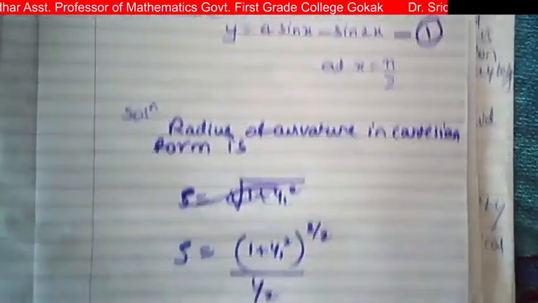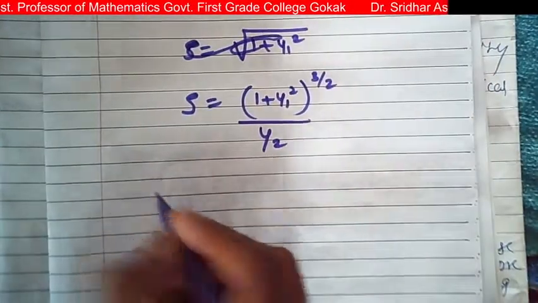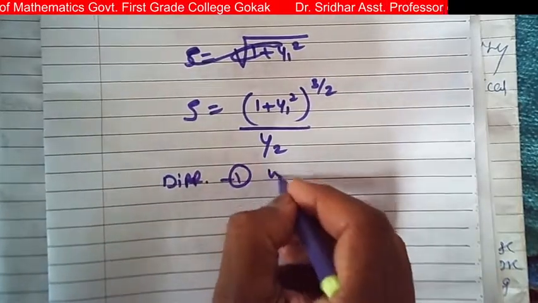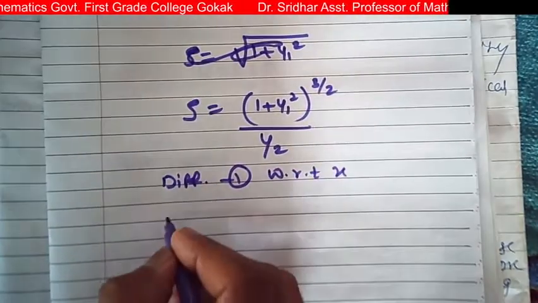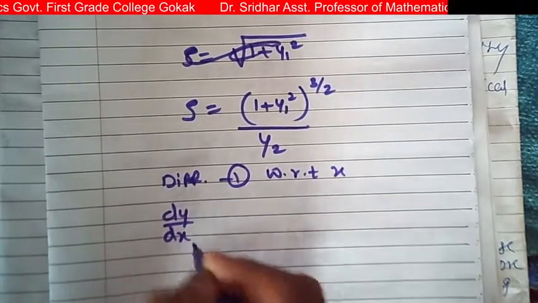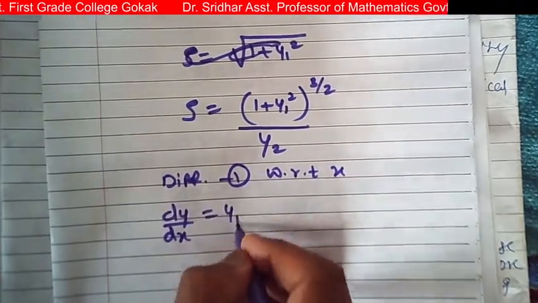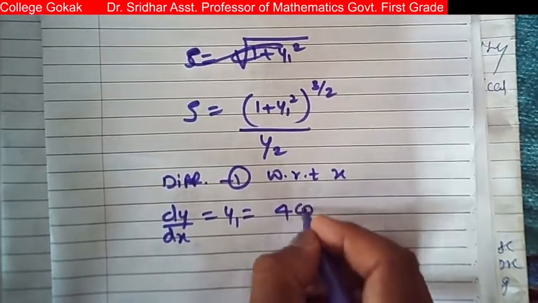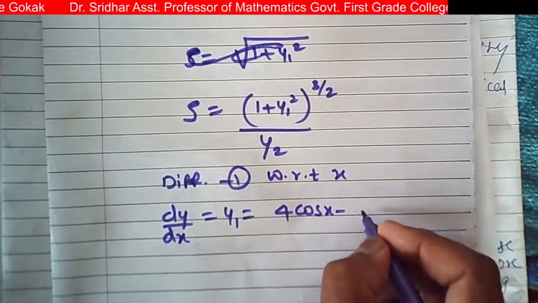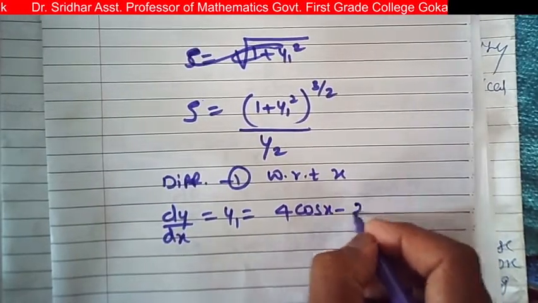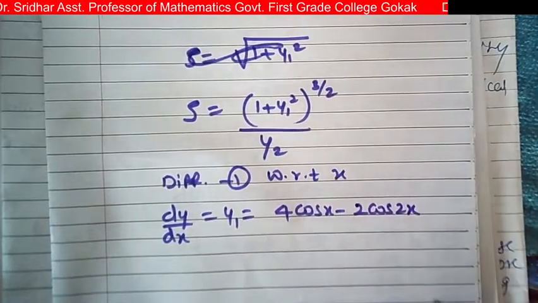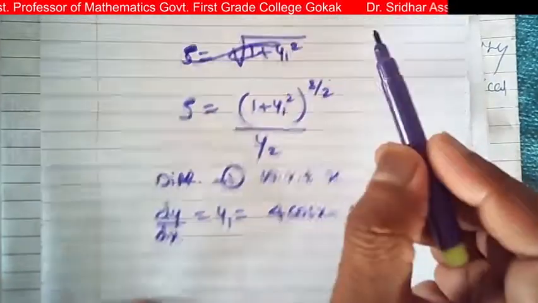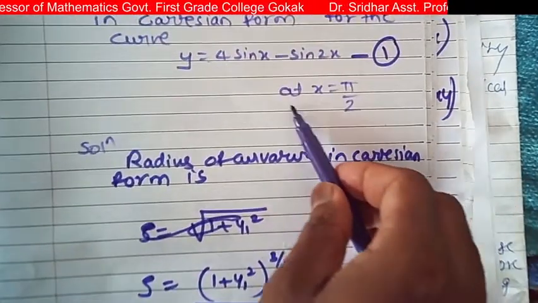Differentiating 1 with respect to x gives dy by dx, which is y1. So 4 is constant, the differentiation of sin x is cos x, minus the differentiation of sin 2x is 2 cos 2x. So this is y1.